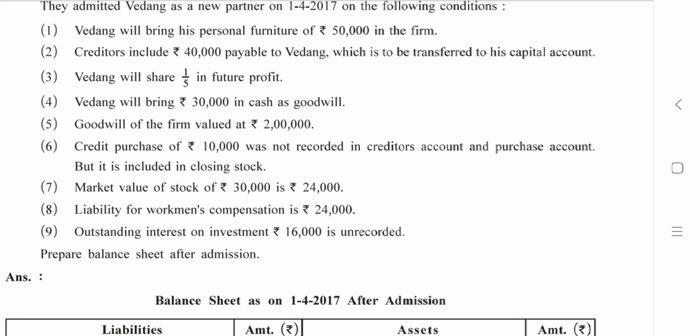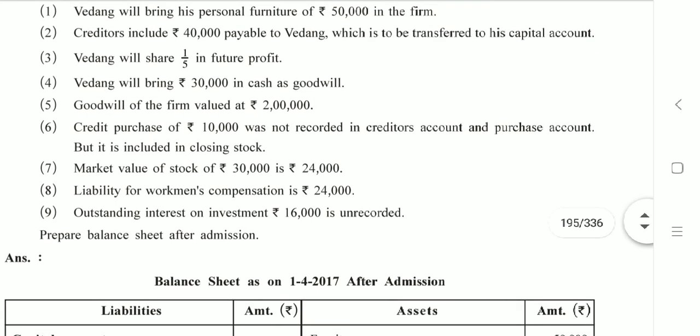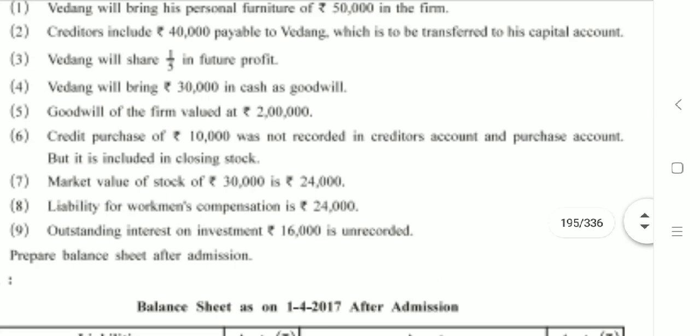The concept of goodwill we have understood very nicely. If you have studied my video about accounting treatment of goodwill, there is a separate video. If you have not studied it yet, it is advisable that you go through it. It will be helpful in solving these adjustments of goodwill.